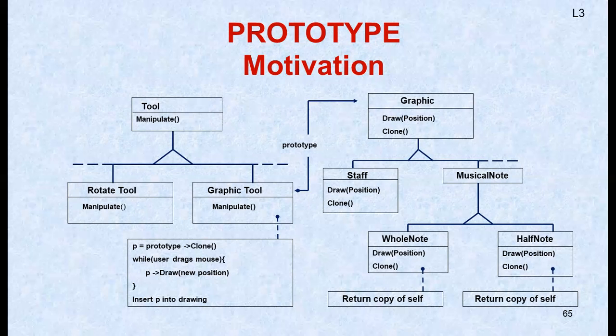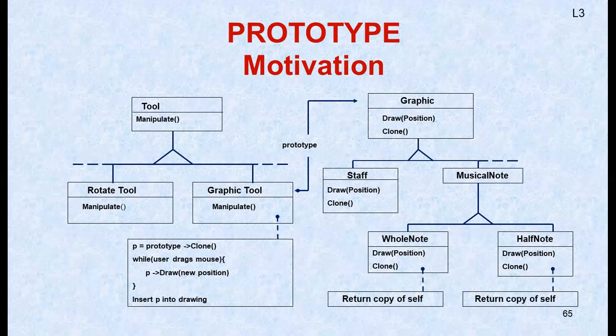So here we can use the prototype pattern to reduce the number of classes. Even further, we might have separate classes for whole notes and half notes, which is probably unnecessary. Instead, they could be instances of the same class initialized with different bitmaps and durations.